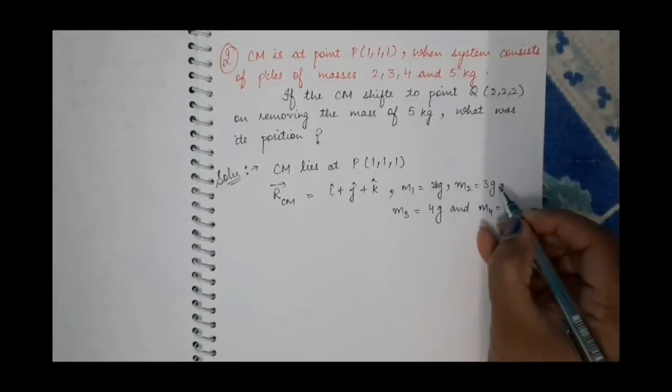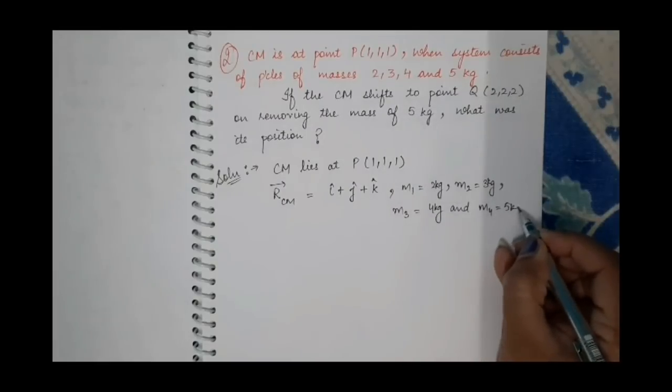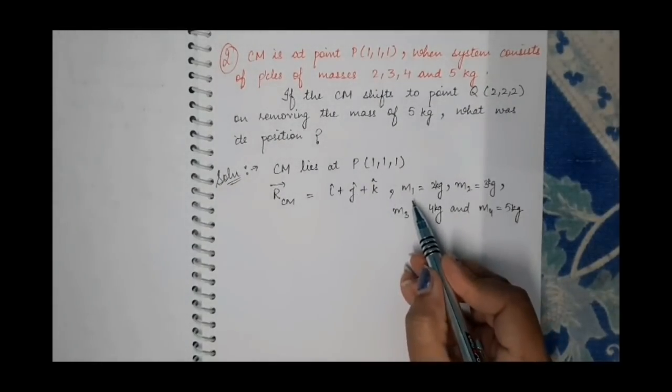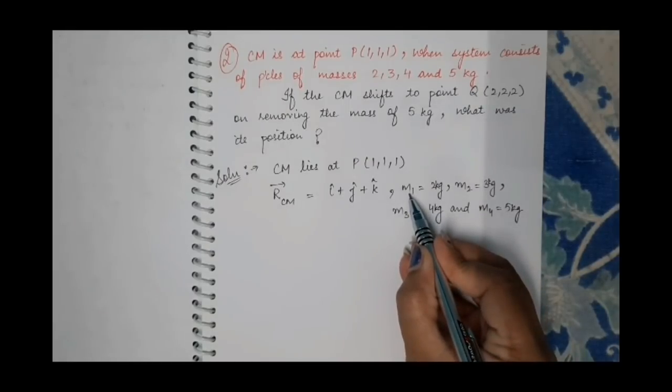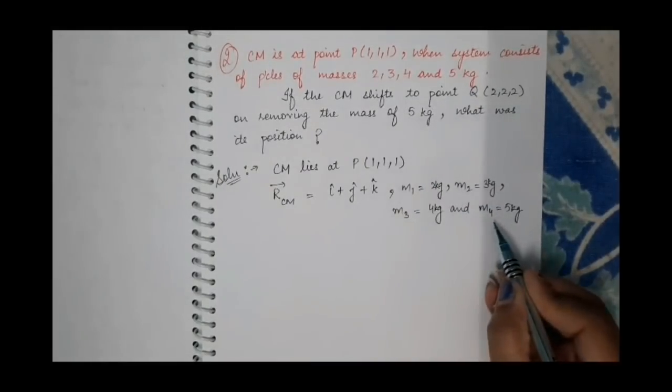Here we have been given kilograms: 2 kilogram, 3 kilogram, 4 kilogram and 5 kilogram. So these are the values of the masses. Then the corresponding position vectors will be: the position vector of m1 will be r1, m2 will be r2 vector, m3 will be r3 vector and m4 will be r4 vector.